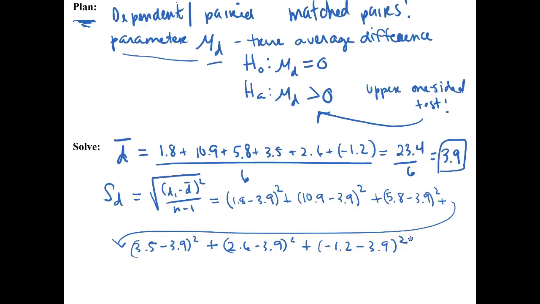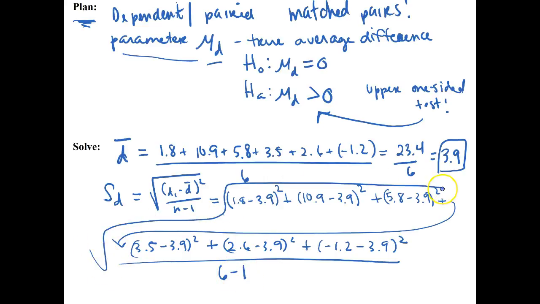So we take all those values, add them up, divide them by n minus 1, which in this case is 6 minus 1, and take the square root. So this is a little funky, but basically take the square root of the sum over these values.